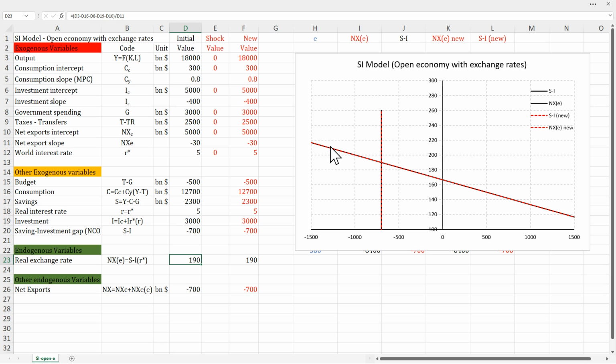Now keep in mind that this NX function is negative. You can clearly see over here the slope is negative, and the idea is that as the exchange rate is high, domestic goods become more expensive for foreigners and exports will go down. So there is an inverse relationship between the exchange rate and net exports.